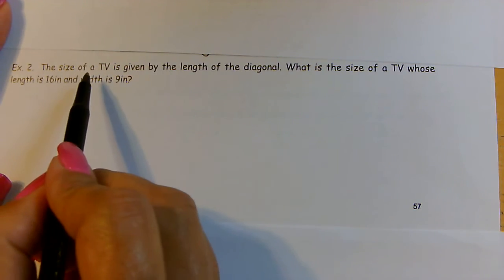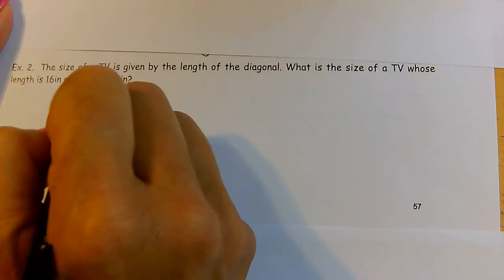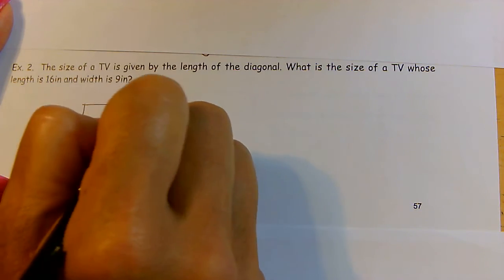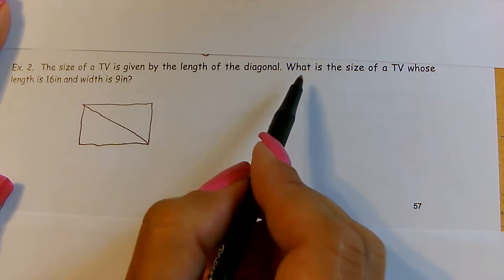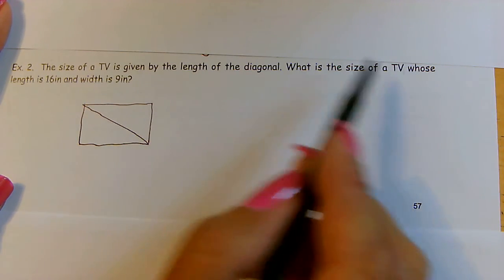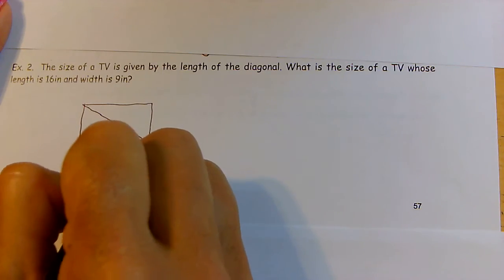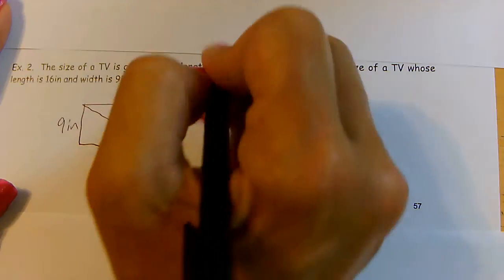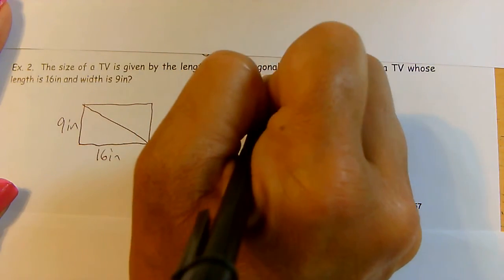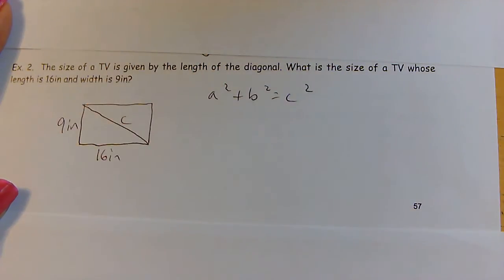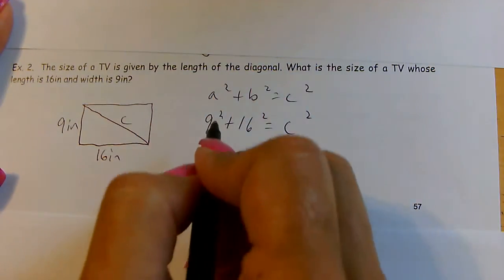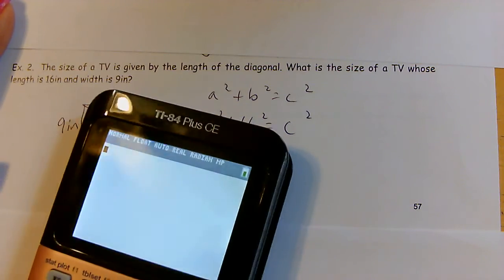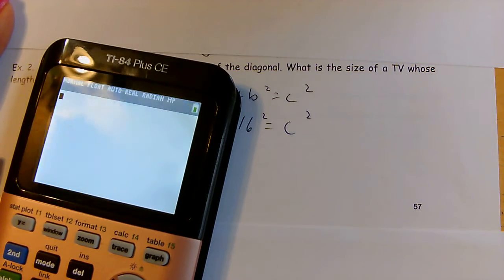Alright, let's do it again. The size of a TV is given by the length of the diagonal. So TVs are rectangular, so the diagonal, or the hypotenuse, is what determines the size of the TV. What size of a TV whose length is 16 inches and width is 9 inches? So we don't have C. 9 squared plus 16 squared equals C squared. Nine squared's 81. 16 squared's 256.